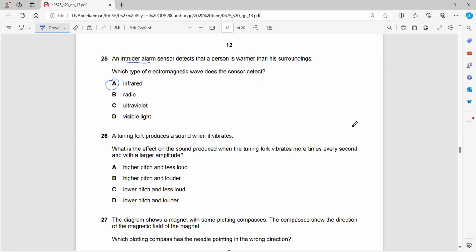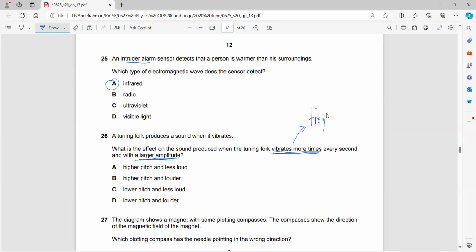A tuning fork produces a sound when it vibrates. What is the effect on the sound produced when the tuning fork vibrates more times every second with a larger amplitude? More times every second, what does this mean?